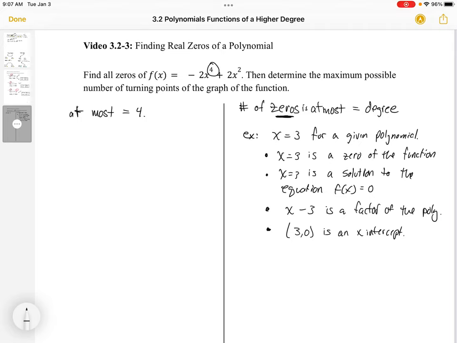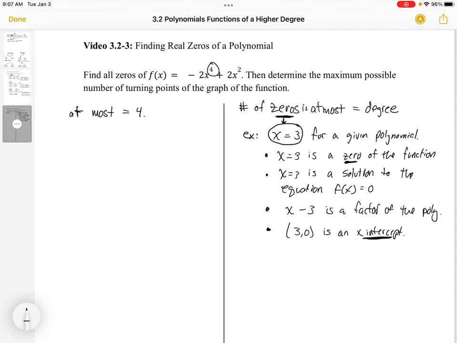So you may remember back when we were looking at linear equations, I made a note that zeros and x-intercepts and roots, which I didn't use here, are all used interchangeably because all of this information is packed into this small statement, x equals 3. So that's just a reminder of what the zeros are.